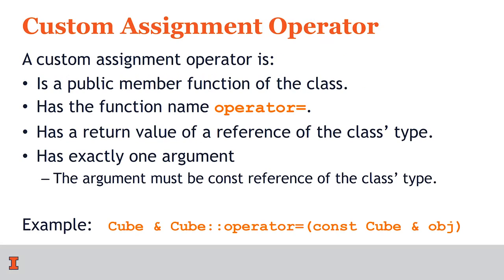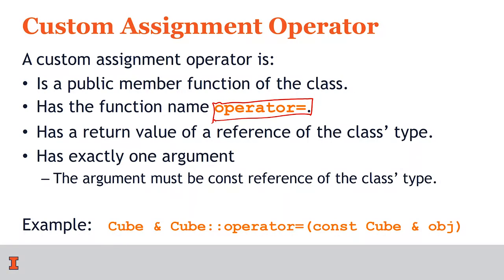A custom assignment operator is going to require 4 different properties to be true. The custom assignment operator must be a public member function of the class, so it needs to be in the public section. The custom assignment operator must have the function name operator equals. So it's a very specific name, and it has to be exactly operator followed by an equal sign. It has to have a return value of the reference of the class type.